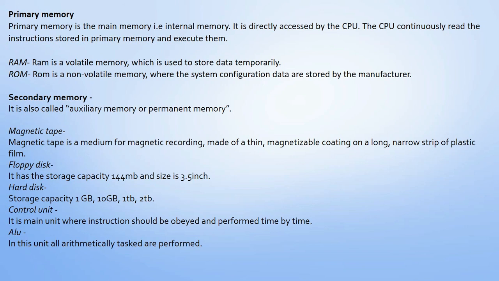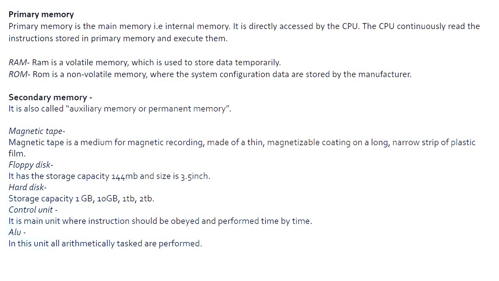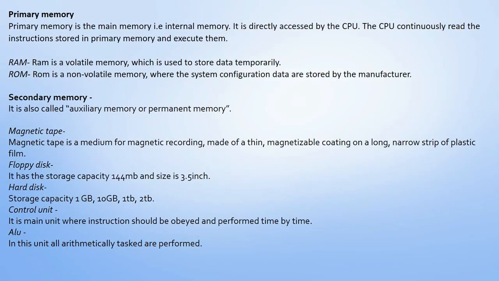RAM is a type of volatile memory which is used to store data temporarily, and RAM has read and write permission, but it is totally volatile. If the power is gone, whatever contents reside in the memory vanish from your RAM.